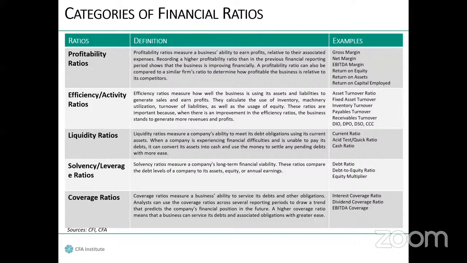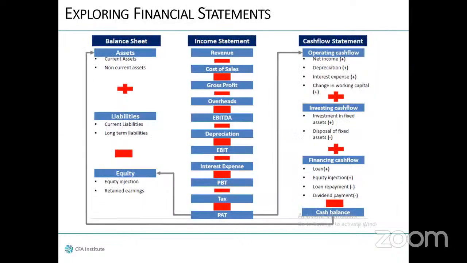It focuses on just debt and equity capital. Unlike return on total assets, which includes all other forms of liabilities, remember that total assets is the same thing as liability plus equity. Liability plus equity will give you total assets.